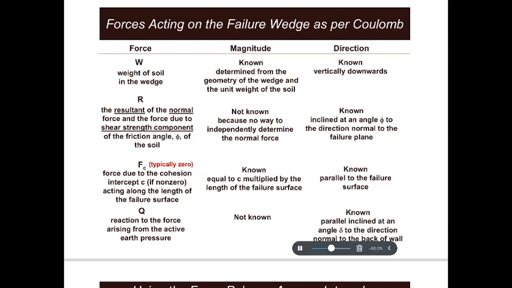For each force, we can see the magnitude and the direction, whether they are known or unknown. Basically, the directions are all known for all the forces, but for the magnitude, the known forces are W and FC, and the unknown forces are R and Q.